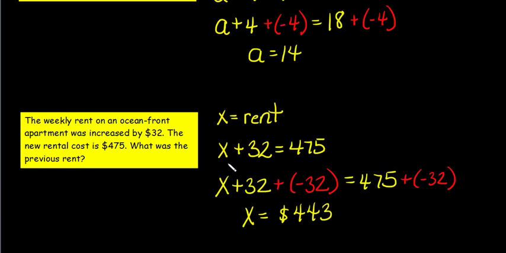I can subtract 32 from both sides, which in essence is adding a negative 32. When you do that, your variable is by itself, and you find that the original rent cost was $443. If you substitute that back in, you should find that it is correct.